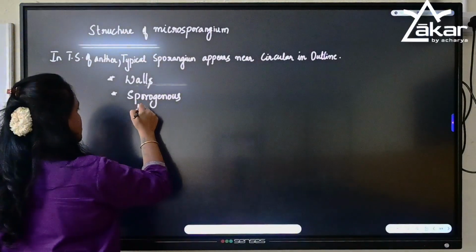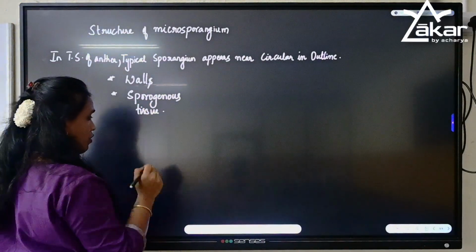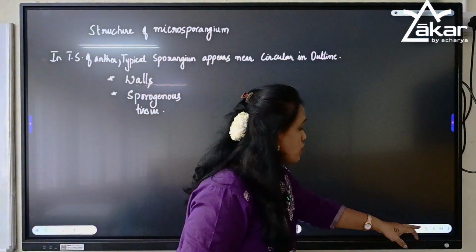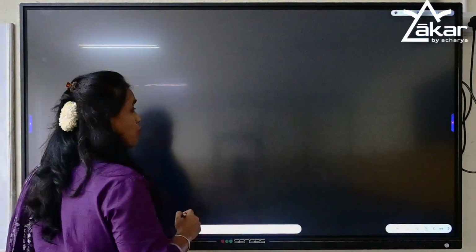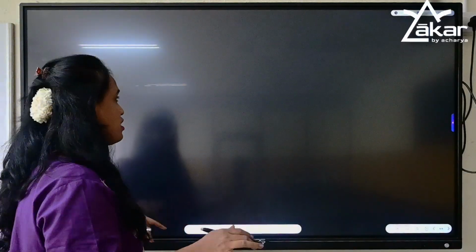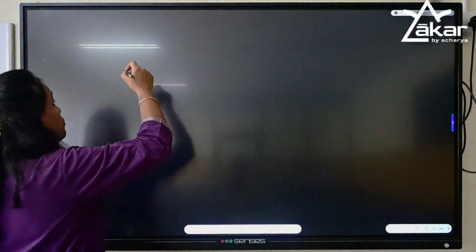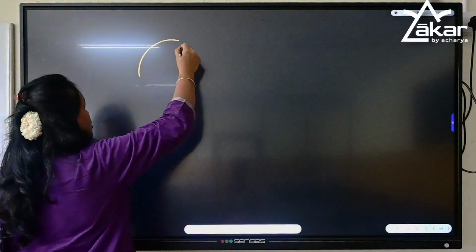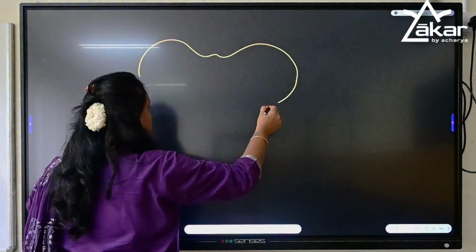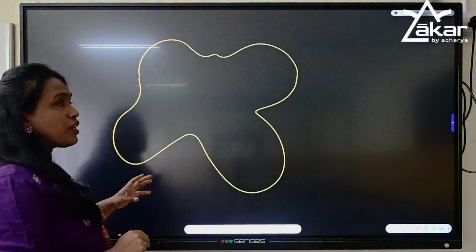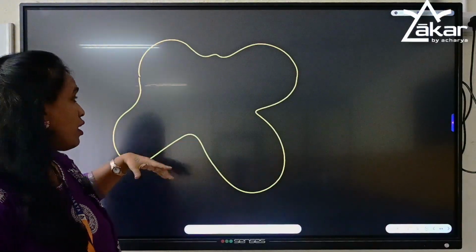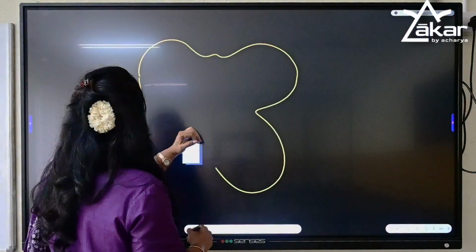How it is arranged, we will study; I'll take up a new slide for that. So first, how do you practice it when it is asked in exam? First, draw a bigger butterfly like this. We draw the butterfly in the same pattern, right? So draw like this.